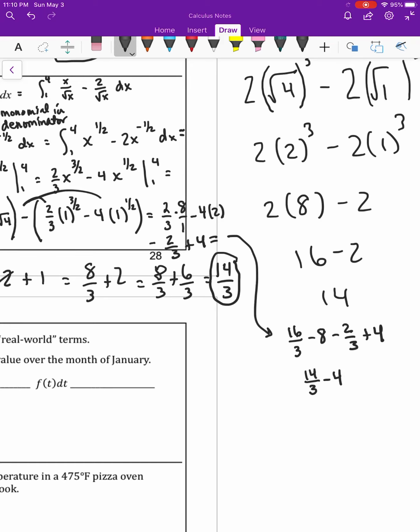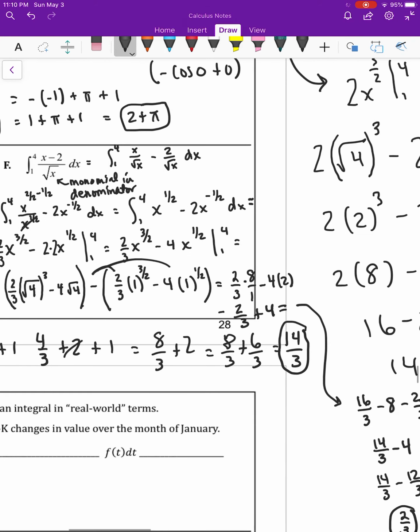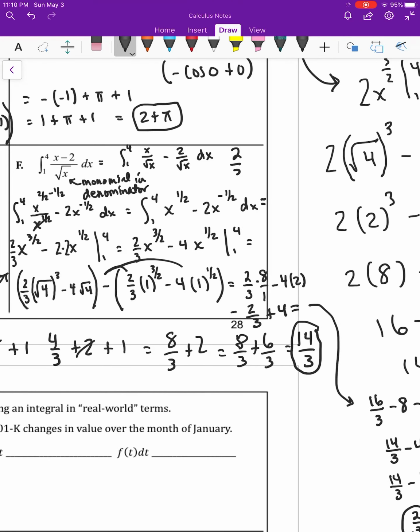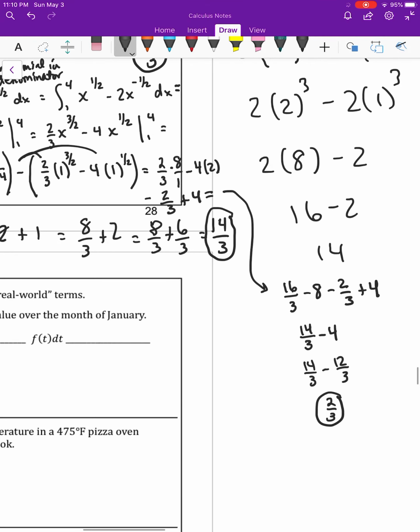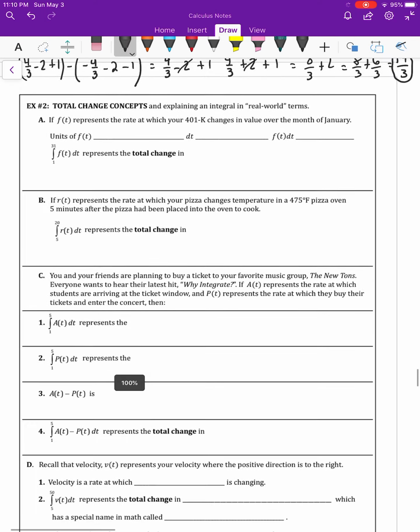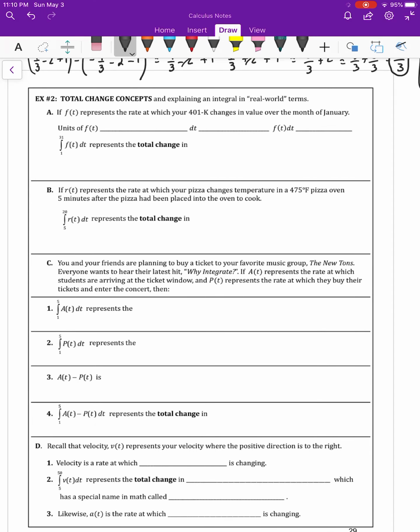And again, I already distributed that negative, right? So this is 14 thirds minus 4, because 16 minus 2 is 14, and then a negative 8 and a positive 4 is a negative 4. So this is 14 thirds minus, this 4 would be 12 thirds. So 2 thirds is what I get for E, or for F. So there's my answer, 2 thirds.